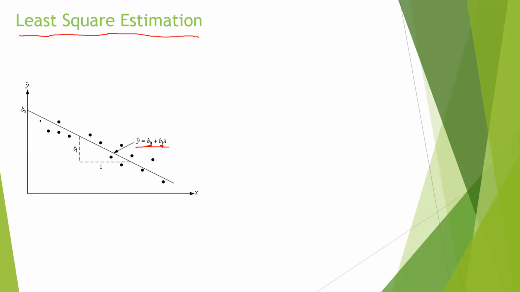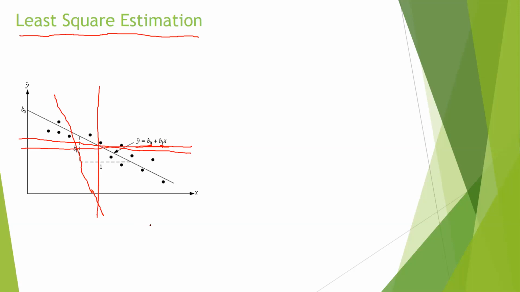Actually, to summarize this data using a regression line, there are multiple ways to do this, right? In this plot, it gives you the best regression line, but you can use different ways to summarize. You can use this line, or this line, or this line, or this line to summarize the relationship between X and Y, right? But which one is the best?